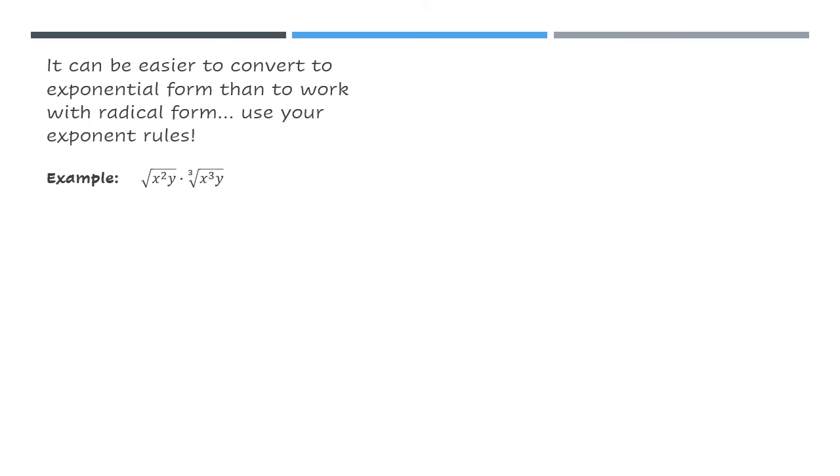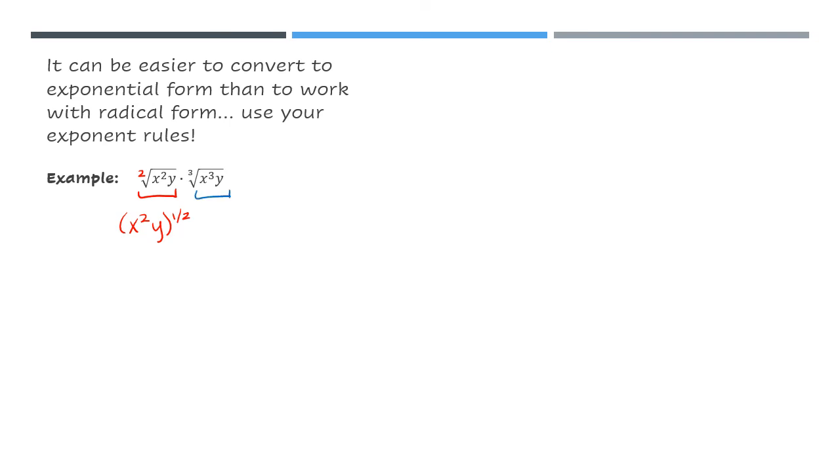So what that means is taking each piece, so my square root here, I'm going to turn this into exponential form. Remember, this really is the square root. We don't bother usually writing the index for the square root since it's our default, but there is kind of an invisible 2 there. So the exponential form of this would be x squared times y all to the 1/2 power.